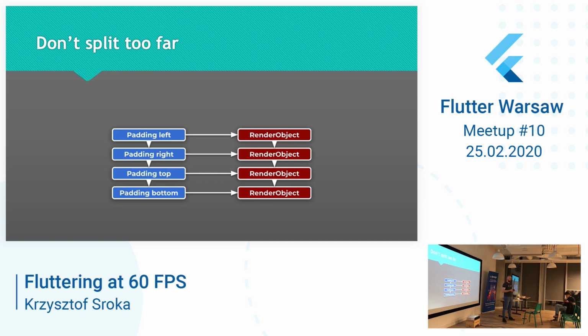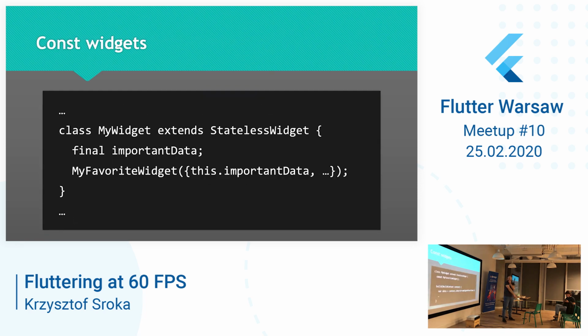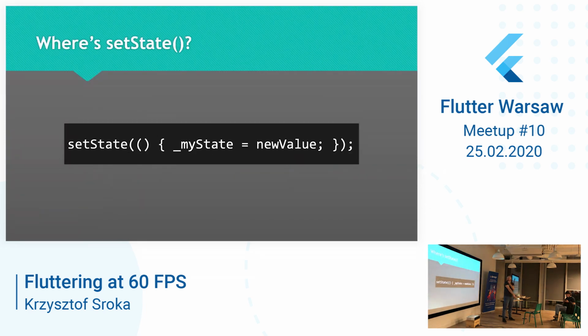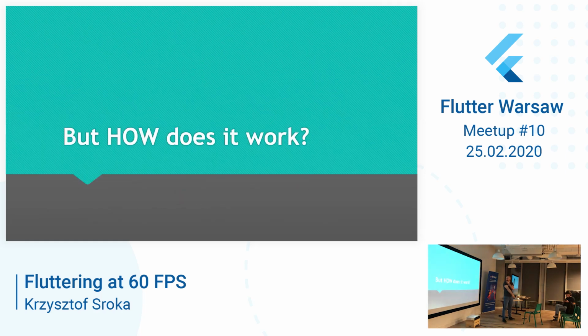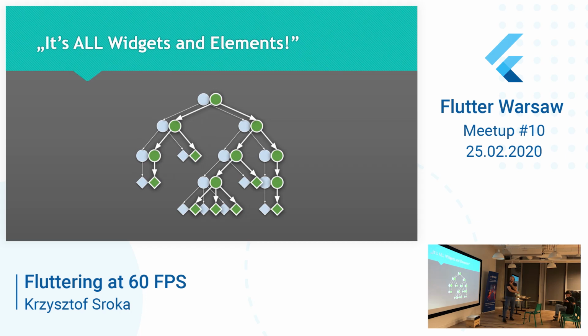Right? And what happens, I told you about this update thing. Let me go back to the very beginning. So what happens when a new widget gets replaced? Let's say this is a stateful widget, the blue one, and this is an element created from a stateful widget.